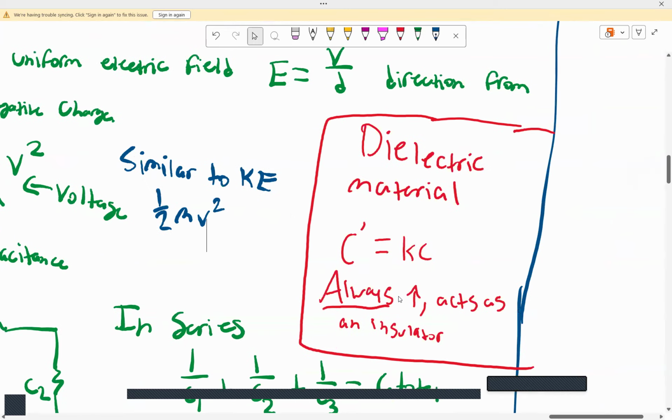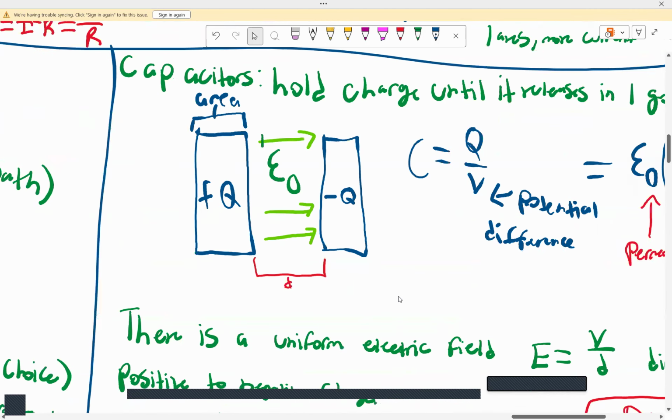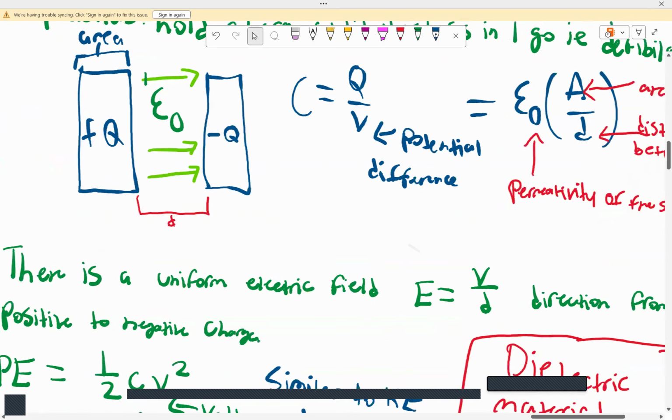I also want to talk about dielectrics. Instead of having this permittivity of free space, or epsilon naught, you have some material between the two plates, which sort of acts as an insulator, whether that be glass, rubber, water, what have you.